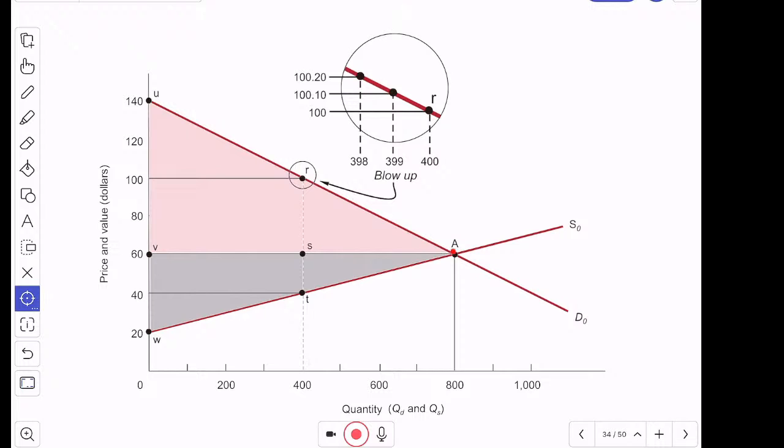So this creates for these units what we call consumer surplus. And then what we consider are all the units before the 800th unit. Okay? And so this pink area as a total is considered to be consumer surplus.